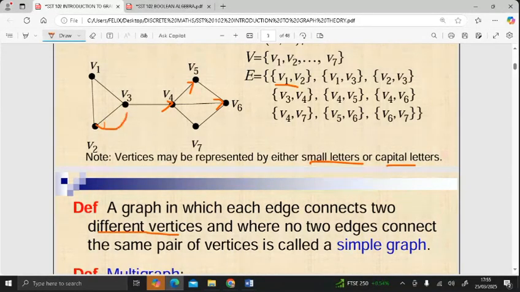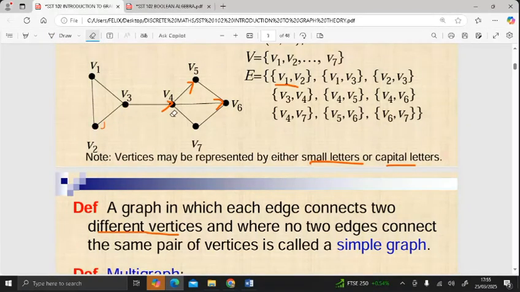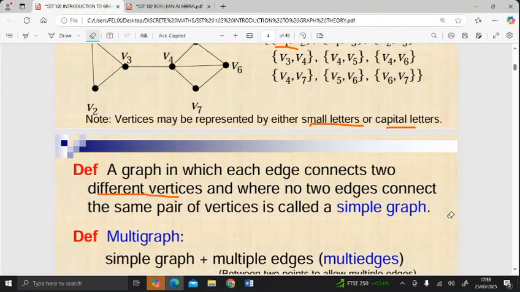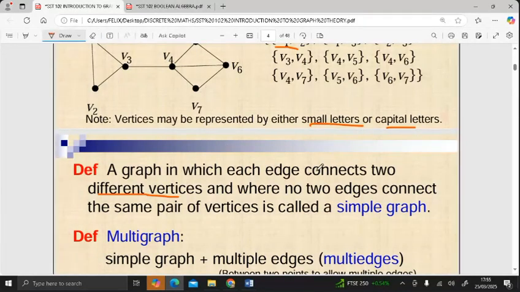And we're told here a simple graph is a graph in which each edge connects 2 different vertices. Each of these edges is connecting just 2 different vertices. And there are no 2 edges that connect the same pair of vertices. The one that is not simple is like this one.